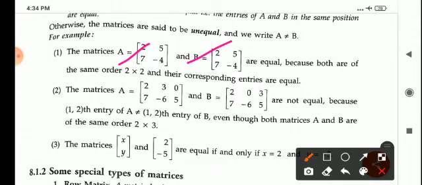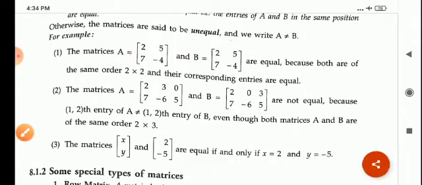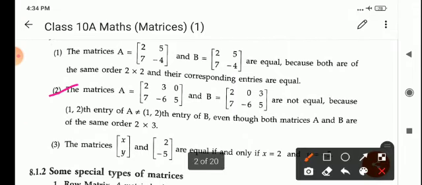Second point, the matrices A: 2, 7, 3, minus 6, 0, 5 and B: 2, 7, 0, minus 6, 3, 5 are not equal because the 1, 2 entry of A is not equal to the 1, 2 entry of B, even though both matrices A and B are of the same order, the entries are not equal.